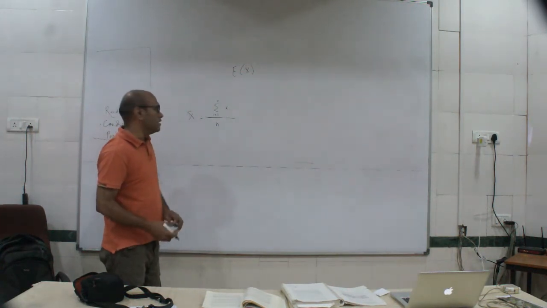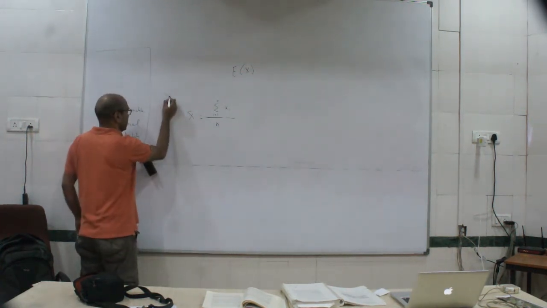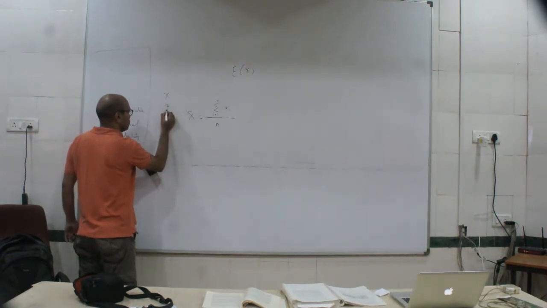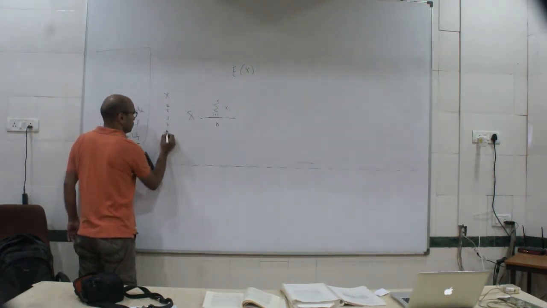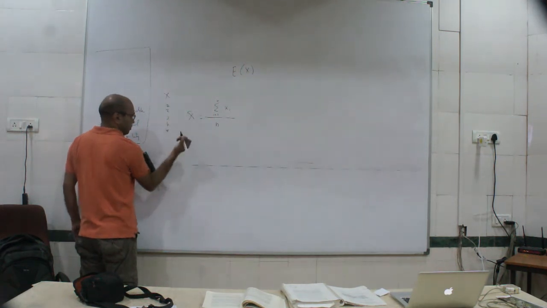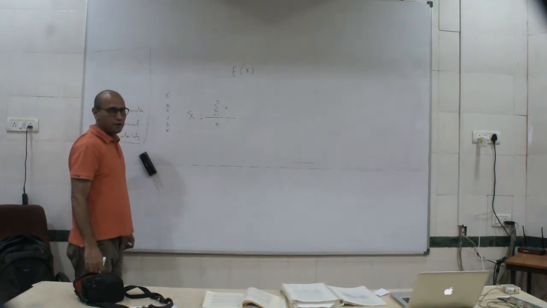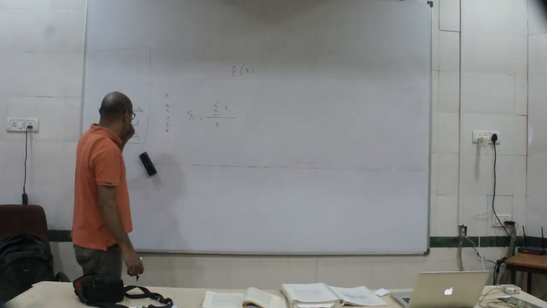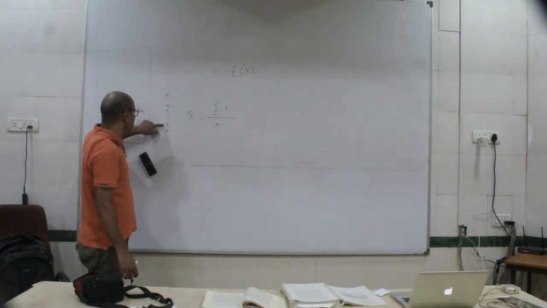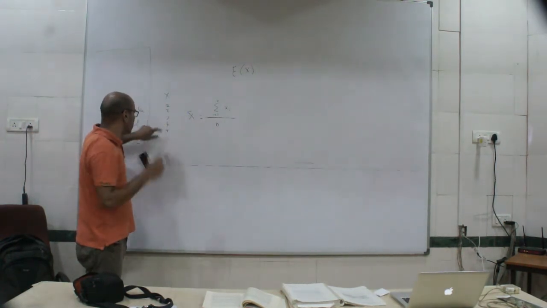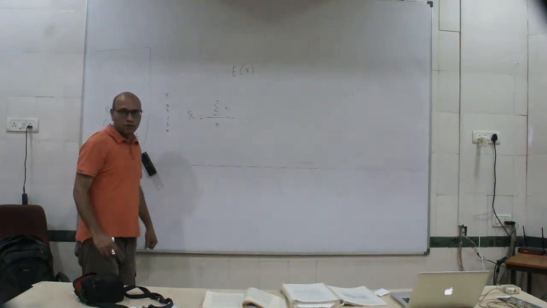Now say suppose I have data where x takes the following values: 2, 2, 3, 4, 4. These are the values x is taking. 15 is the total.